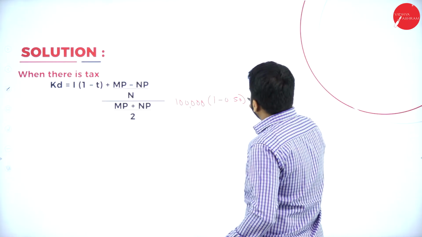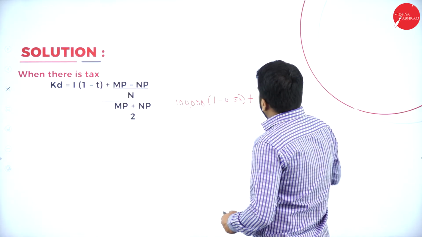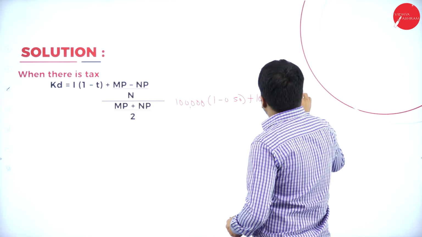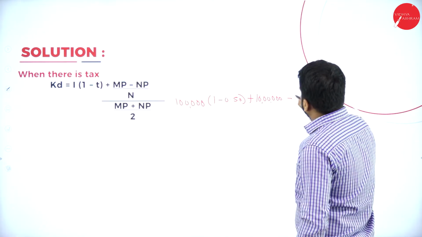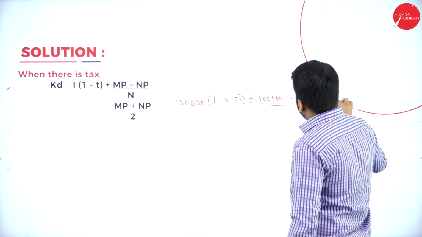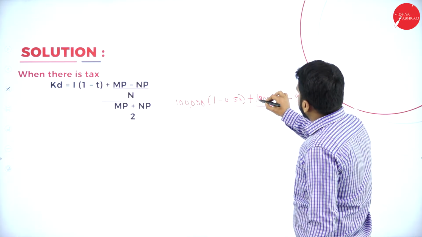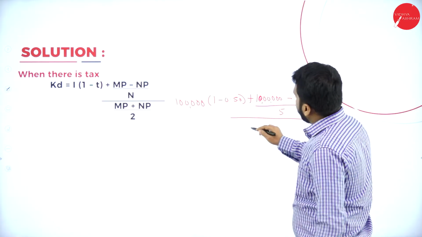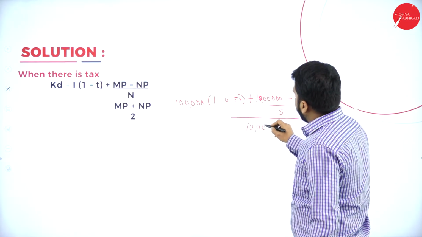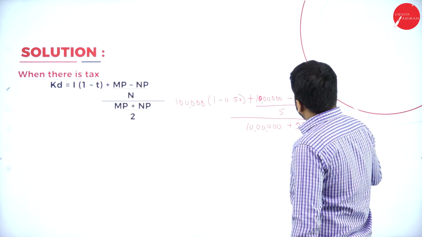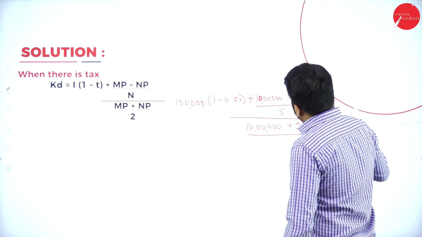Now, plus your MP is 10 lakh minus, what is your NP? 9,20,000 divided by number of years. Number of years is 5, whole divided by same 10 lakh plus 9,20,000 divided by 2.